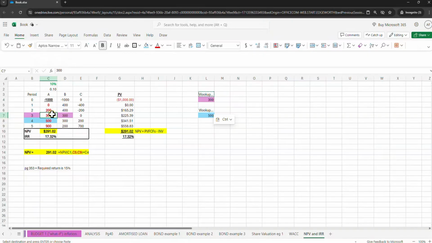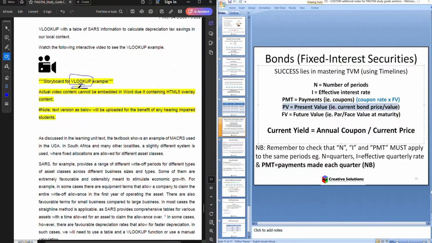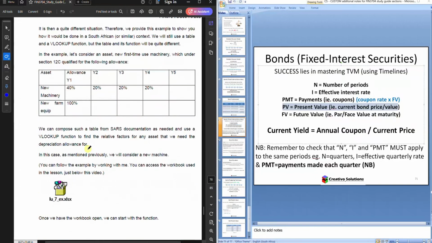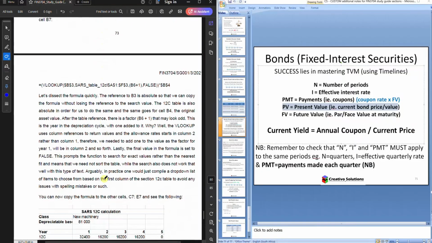It's an easy way to locate specific data in a massive array. Okay, and I think I've covered everything. Let's just go back and check. The last thing I saw here was the VLOOKUP. Is that all right? Yes, that's fine.